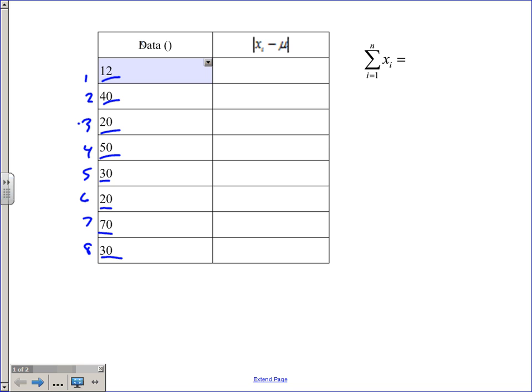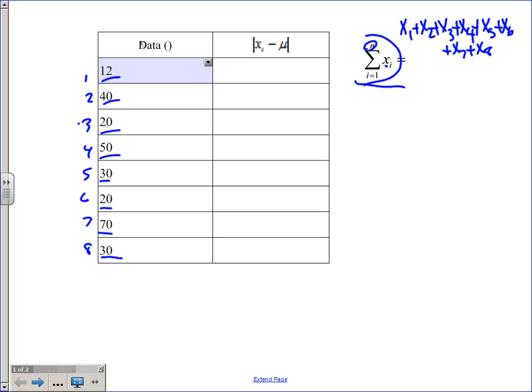So, if we were asked on a quiz to find this, all that is saying is the summation from the first data point to the last data point of all our data. So in this case, that would be like saying x1 plus x2 plus x3 plus x4 plus x5 plus x6 plus x7 plus x8. Adding all those data points.